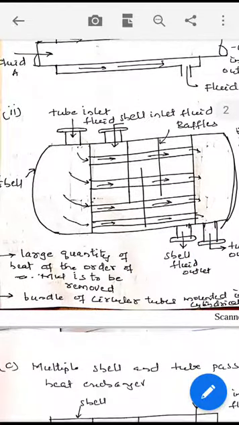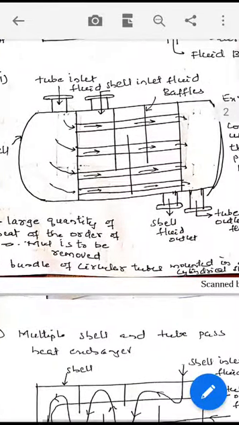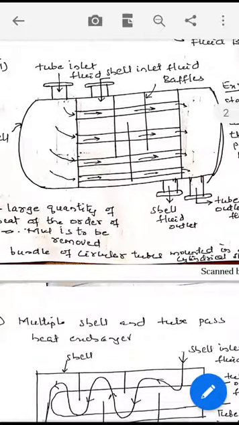Then we have a shell and tube heat exchanger. Shell and tube heat exchangers consist of a bundle of small diameter tubes packed within a shell. This is used when a large amount of heat of the order of megawatt is to be removed. Here we have two fluids.